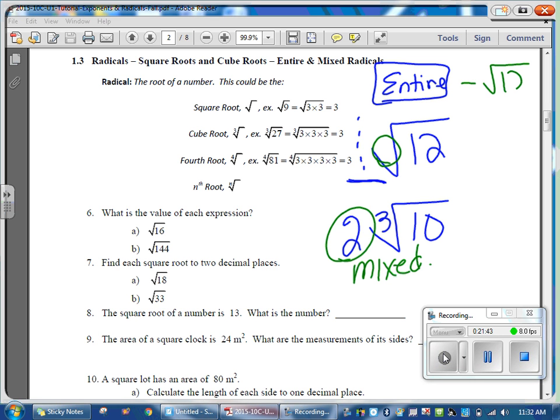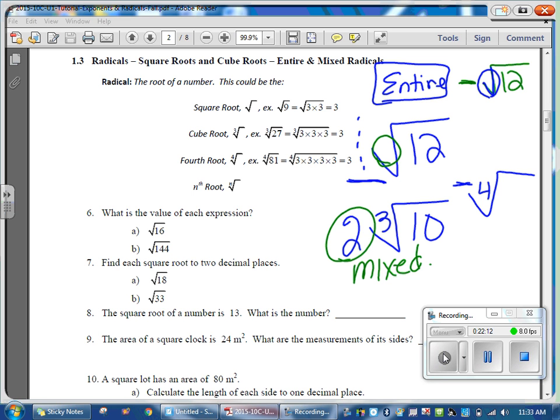However, you need to keep that negative outside because the index, in the little check mark part, when it's an even number, negatives have to be outside, always, always, always, they're never inside. Okay? In a mixed or an entire, they're never inside. So if I've got negative fourth root 16, this guy right here, he's a negative. Fourth root, it's an even index.